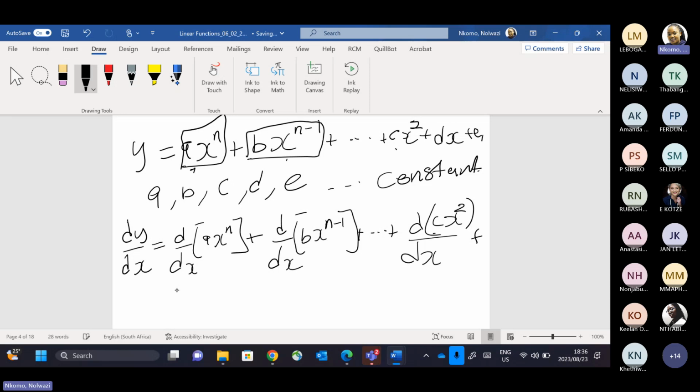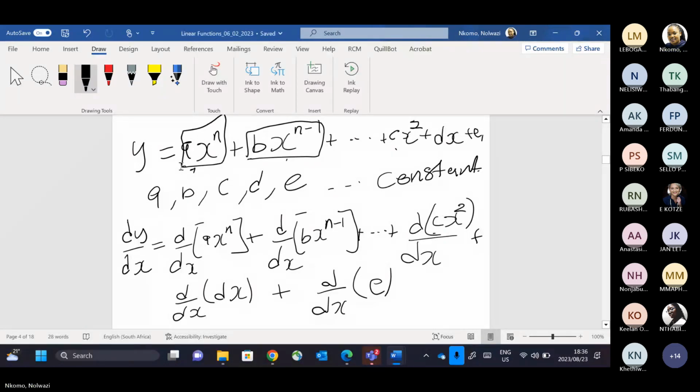Plus the derivative of dx, plus the derivative of e, right? Okay, this means the derivative of this polynomial will be the sum of the derivatives of the terms of that polynomial.